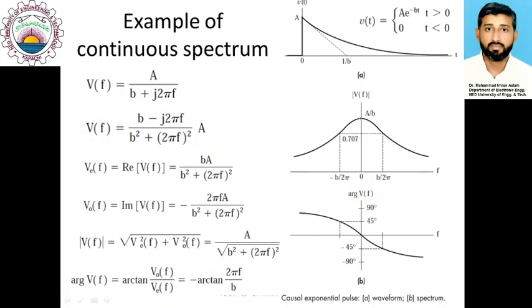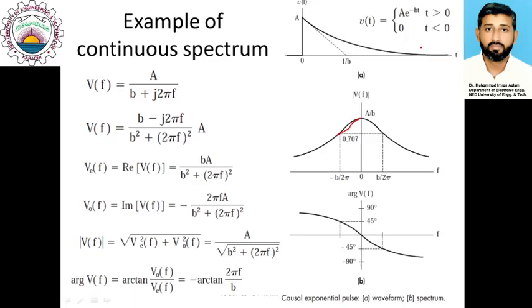And you can see that the amplitude is continuously changing. There are no discrete frequencies, rather the change is continuous, and this continuity comes from the fact that the signal we are dealing with is a non-periodic signal.